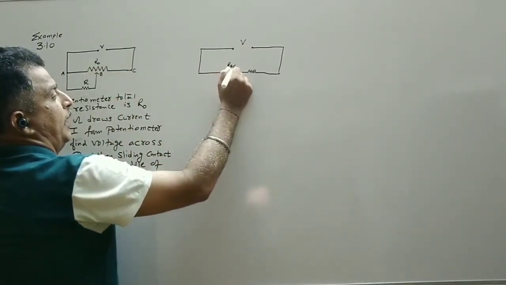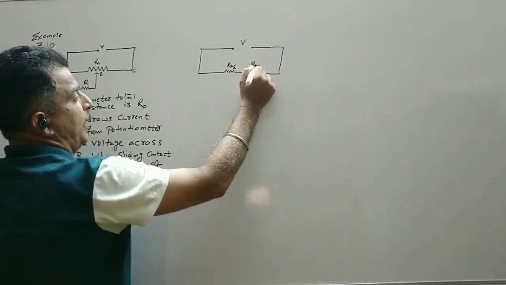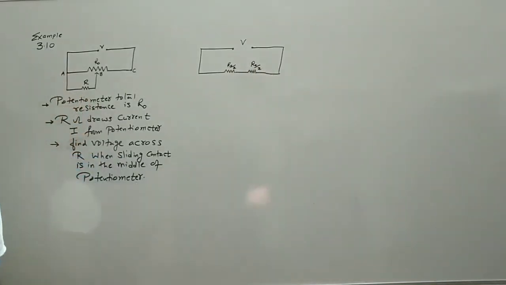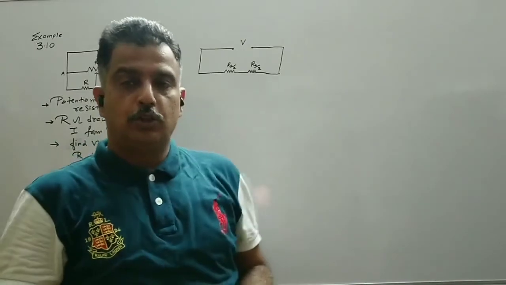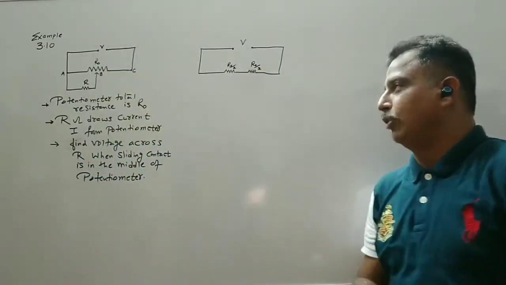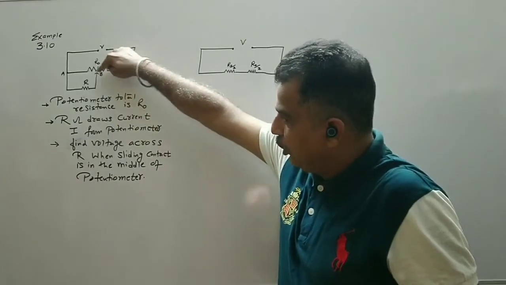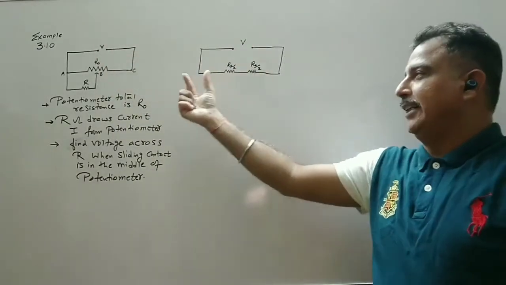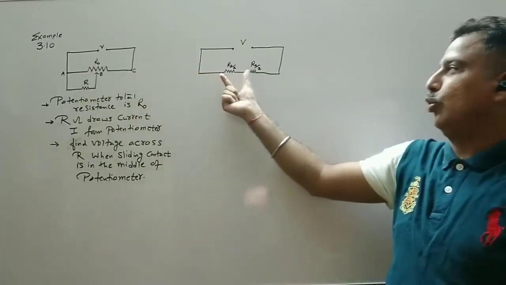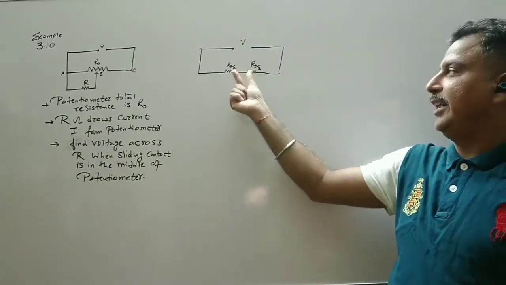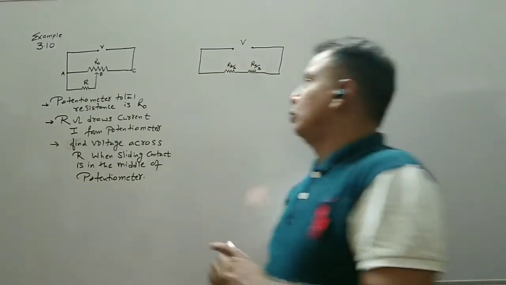Say this will be R naught by 2, this will be R naught by 2. Resistance is directly proportional to the length of the wire or the length of a resistor. So because this sliding contact is at the center, I have divided this resistance R naught into two halves. So the value of each resistance becomes R naught by 2.